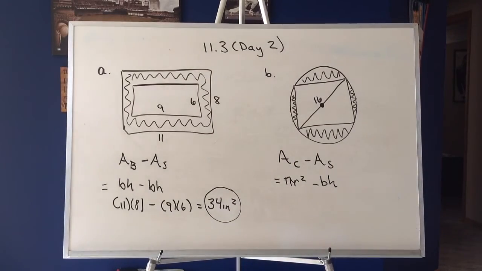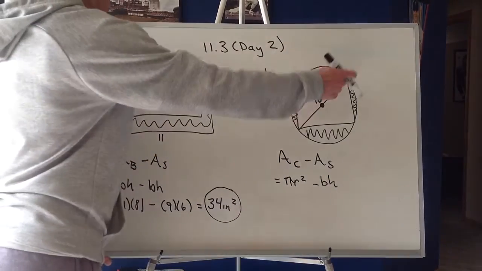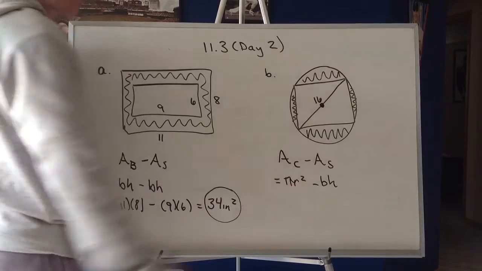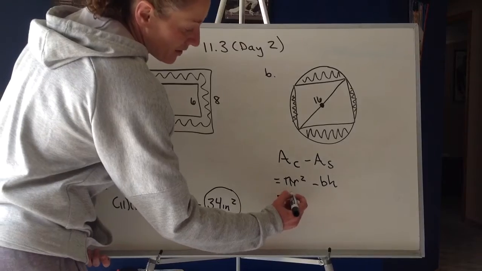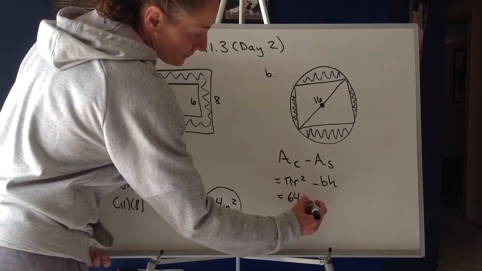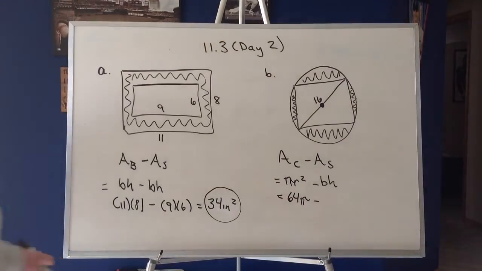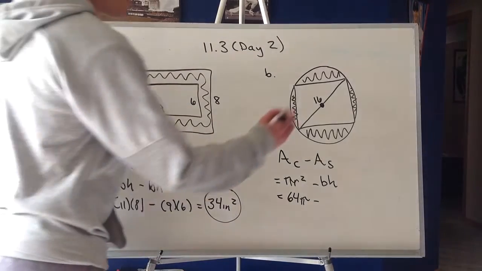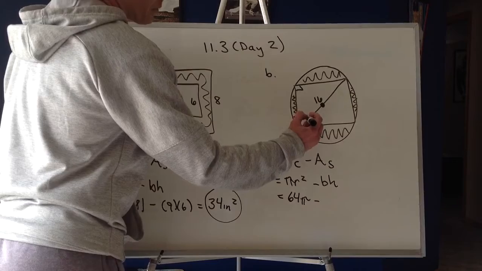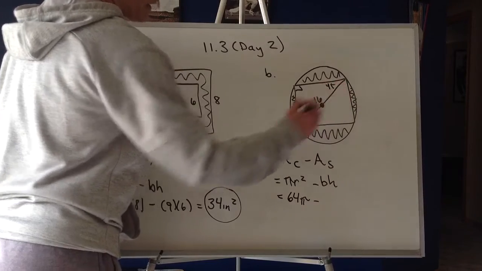For this one, you can see that your diameter is 16, which means my radius would have to be 8. 8 squared gives me 64. Base and height, we don't have those, but we can find them because it is a square. We do know that it's a 45, 45, 90.